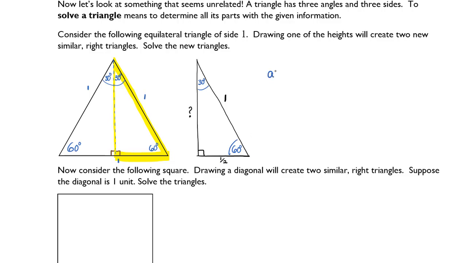I also remember that a squared plus b squared equals c squared, and c squared is 1 squared because this is my hypotenuse, the 1 here. So I'll have 1/2 squared plus question mark squared equals 1 squared.